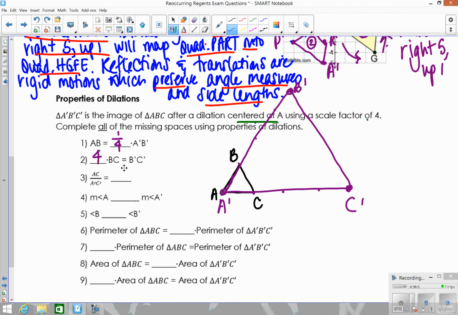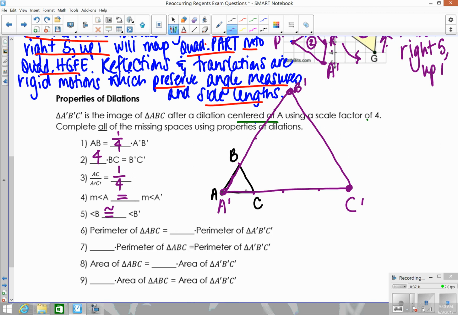If you divided the ratio between the sides, AC to A prime, C prime, this is a 1:4 ratio. The angles will always be equal, so no matter what, angles are going to be equal to each other. There should never be a ratio between them. Notice I put equals when I have the measure, congruent when I don't have it.